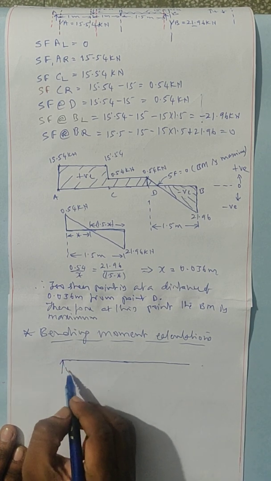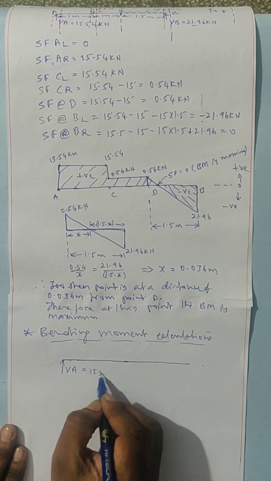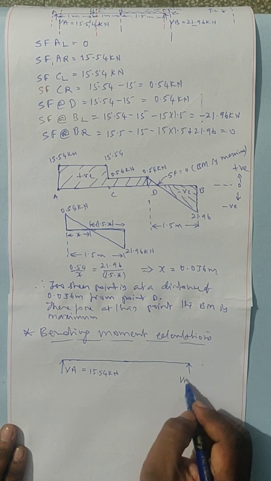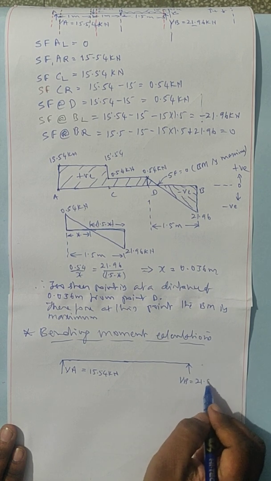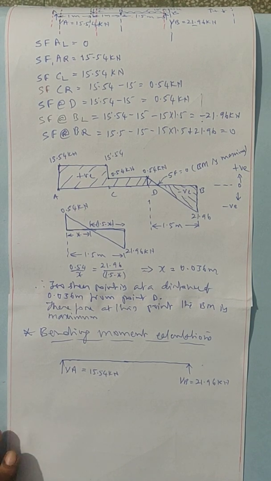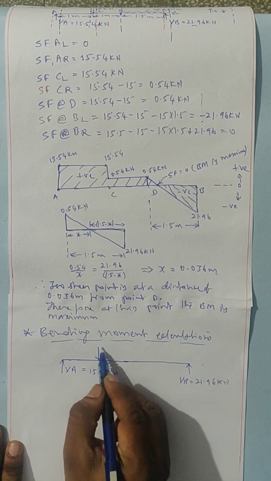It is VA, we calculated it is 15.54 kilonewton. It is VB, 21.96 kilonewton. Now here a 15 kilonewton load is there.